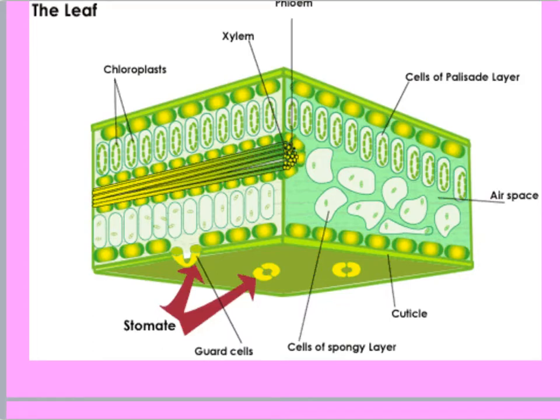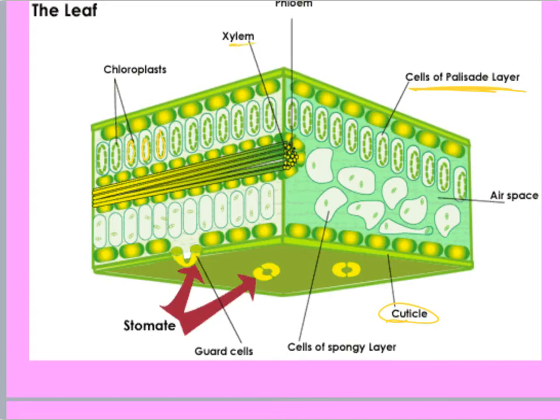Here are your cells in this palisade layer. If you notice, it's in the middle layer. And notice the chloroplasts. That's going to give the leaf the green appearance. Anyway, you also have the cuticle. If you remember, we learned about that in the biomolecules unit, how the cuticle helps prevent water loss.